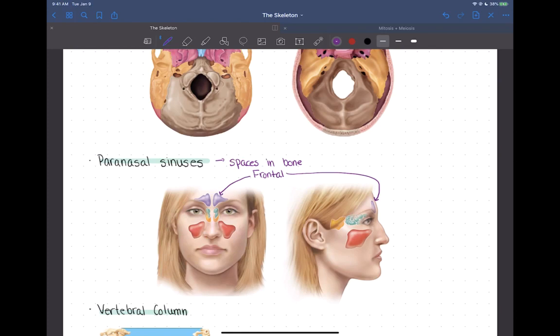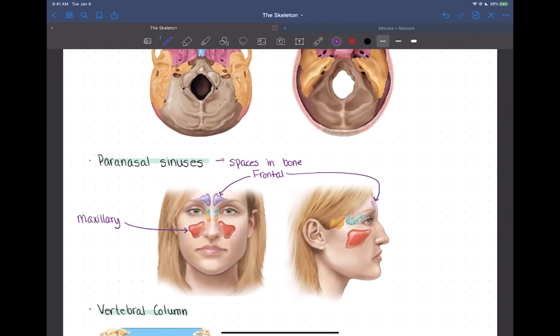All right, if you ever get pains kind of on your cheeks, that would be these sinuses here in red. These are going to be the maxillary sinuses. I'll put that over here. So maxillary there.